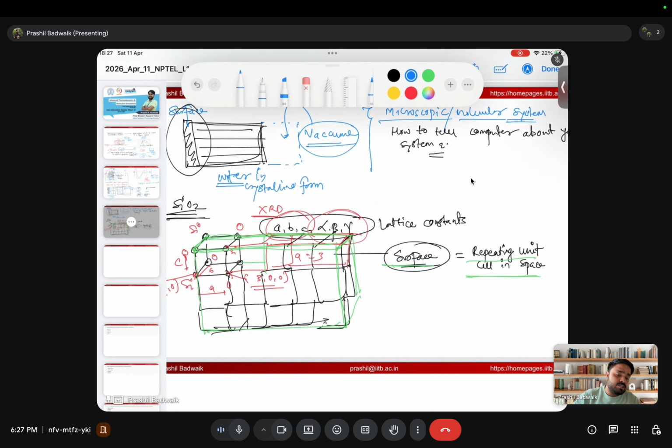If it is ice, again you have to get the coordinates of the ice XRD structure, and then you can melt it, right? Or if you just want to study water, then in that case you have to randomly generate the coordinates of water. So I have a water molecule. How does it look? H2O.